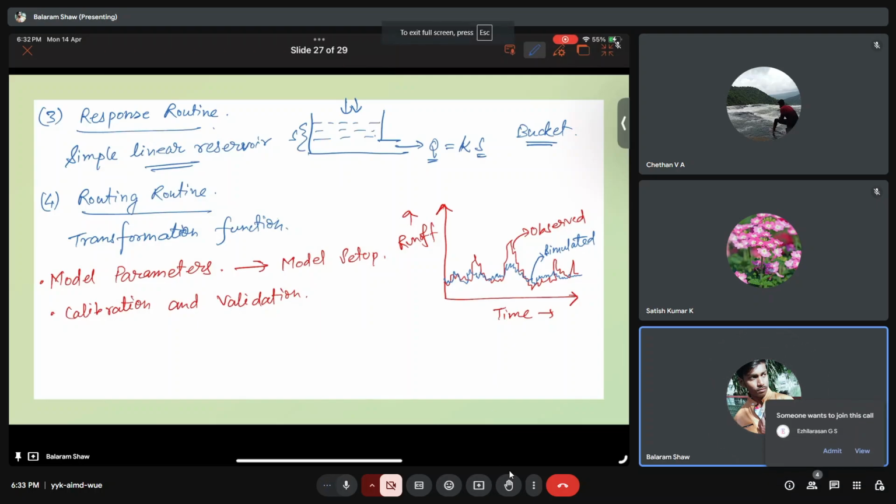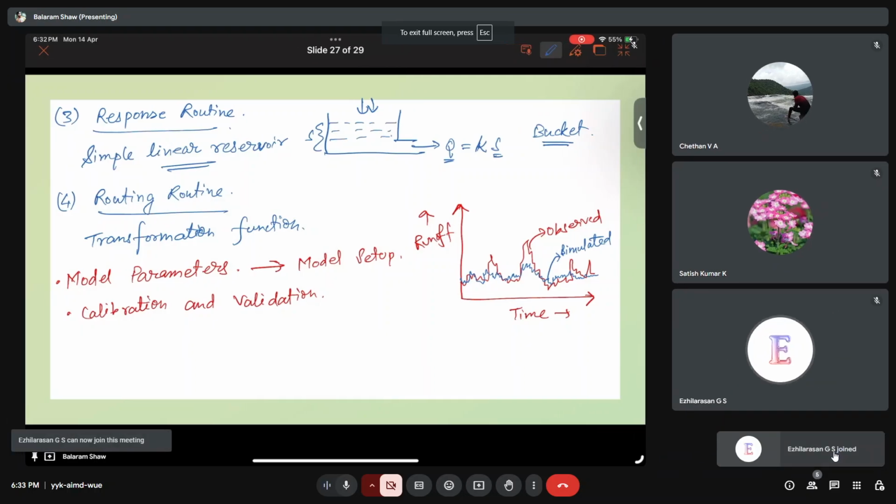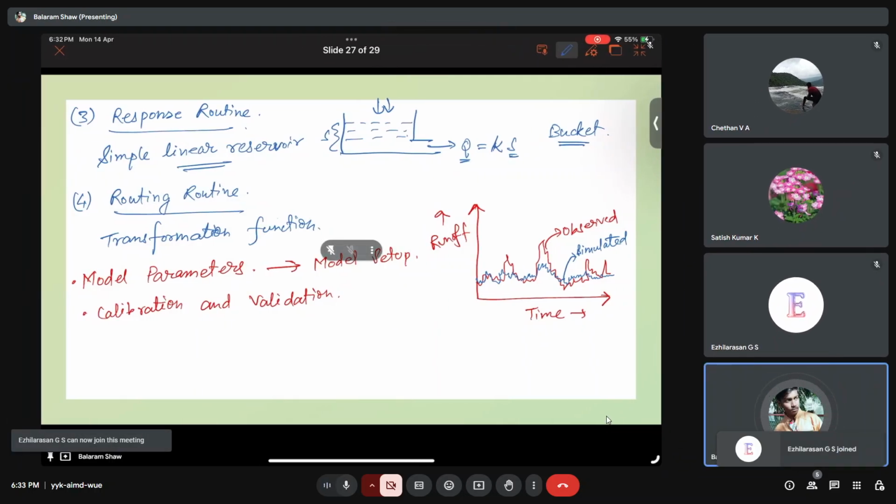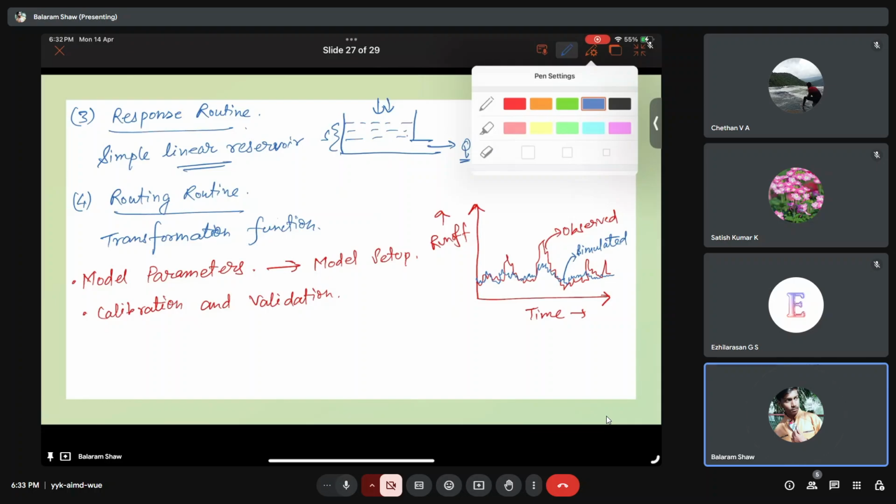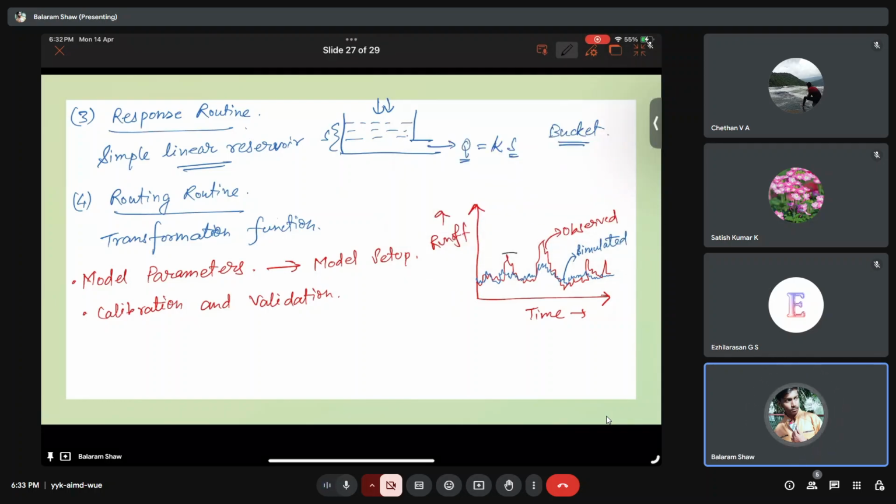So if you have this observed runoff and simulated runoff, from here you can see the simulated runoff is following a similar pattern to that of the observed runoff. The observed runoff has a seasonality, and the simulated runoff is also having similar seasonality. But here you can see that the peaks in the observed one are not well captured by the model, right?